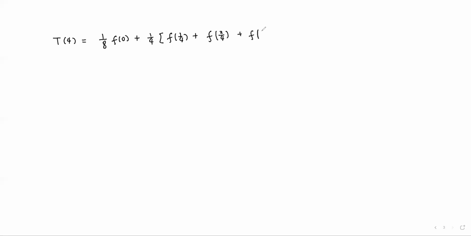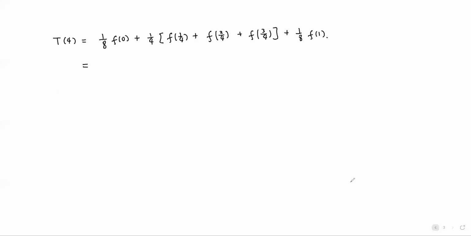And F(3/4) plus 1/8 function value at 1. Again, here 1, 2, 3, 4, 5 function values we need to evaluate, but some of them we have from the computation of T of 2, right?